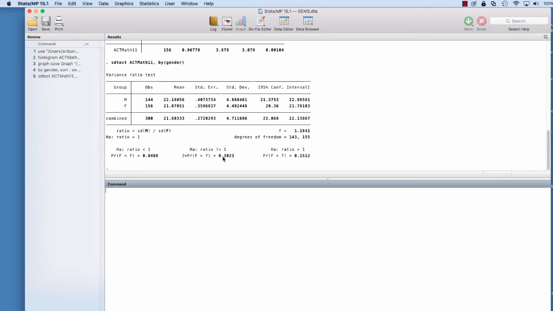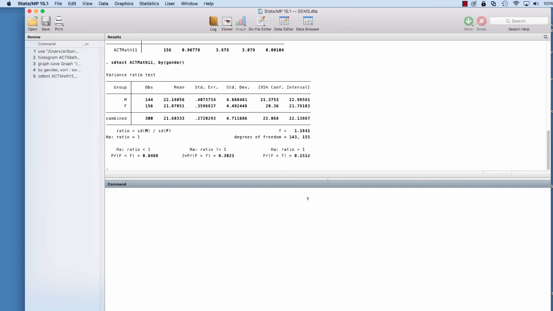And here we can see that our probability is 0.3023. So this is much greater than 0.01. So this is a non-significant result. So we've satisfied the assumption of equality of variances, but the assumption of normality has been violated.